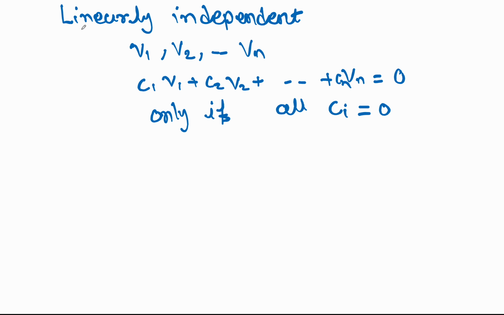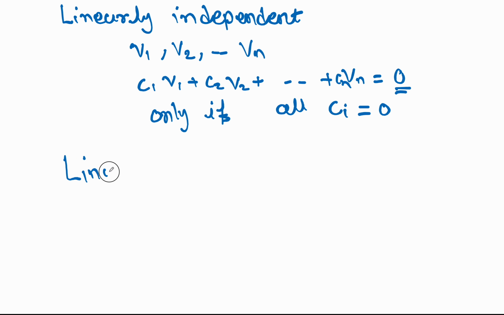It means that we have to multiply all vectors with 0, then only the right hand side will be 0. If there is some combination of these vectors that gives 0, that means they are linearly dependent.